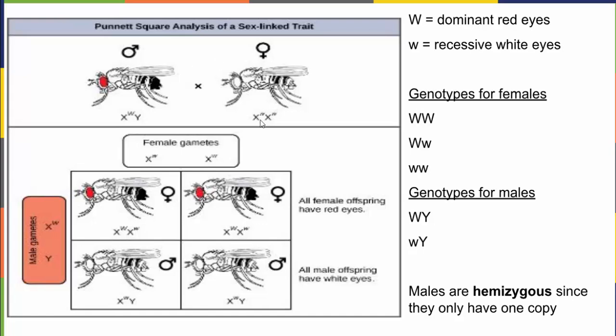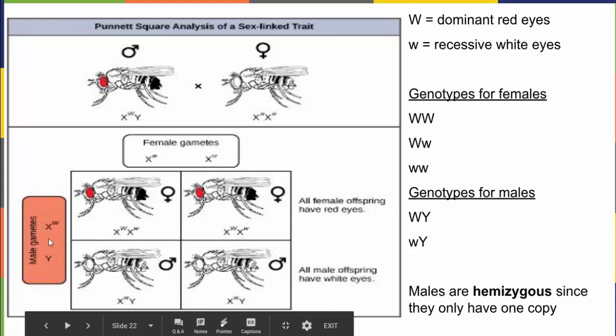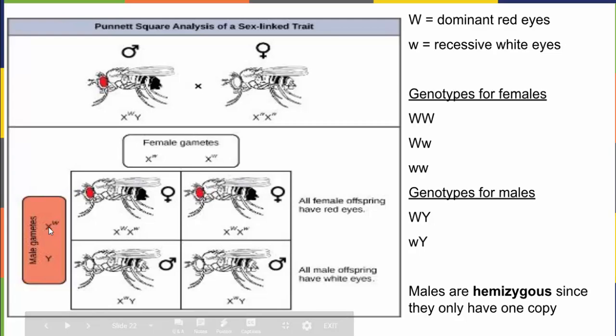The female, she has two X's, and she's a heterozygote, okay, because she's got one little W and one big W. I'm sorry, this is kind of blurry, but we can see it down here in the larger version. So here's the possible male gametes. The male can provide the Y, or the male can provide the X that has the big W. The female can provide either of those X's, X with little w or X with big W.